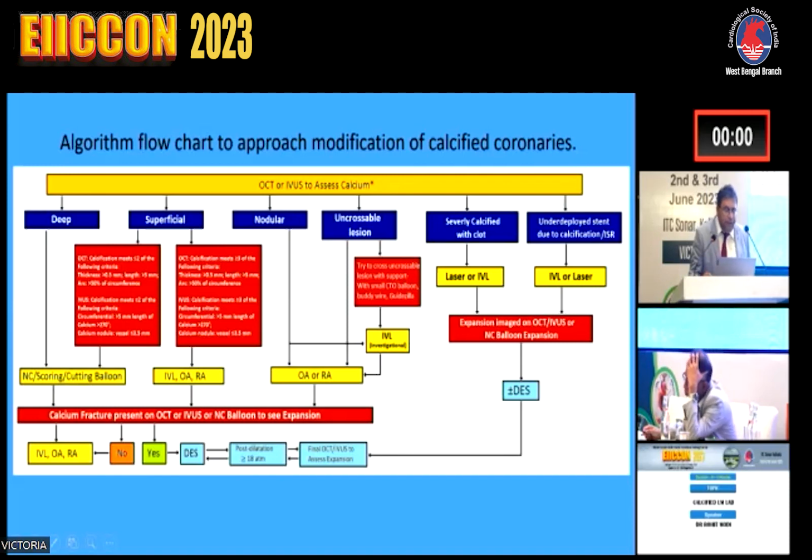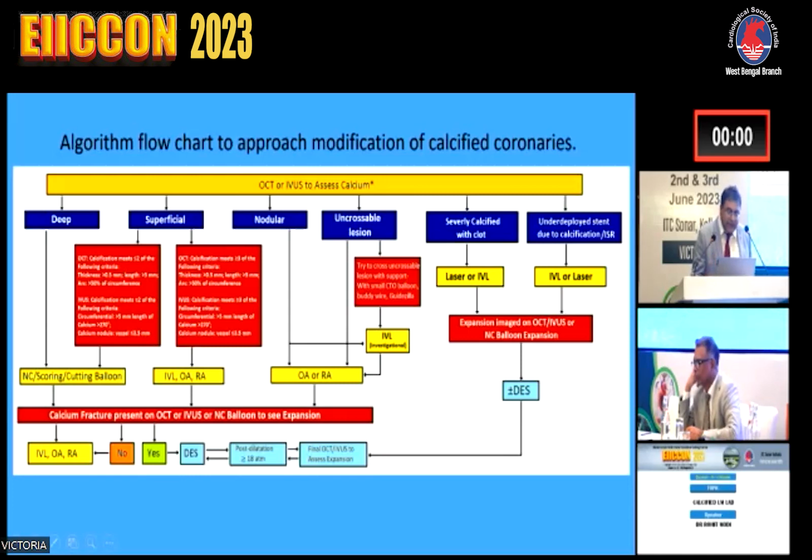So if it's a deep calcium, I think the balloons in that case, like scoring and cutting balloons, will not be much effective. So in these patients, I think IVL will be the ideal choice. I've kept the IVL first in this choice. The second choice can be orbital or rotational atherectomy. And if it is superficial, any of the modalities like orbital or rotational atherectomy can be quite effective, as well as IVL.